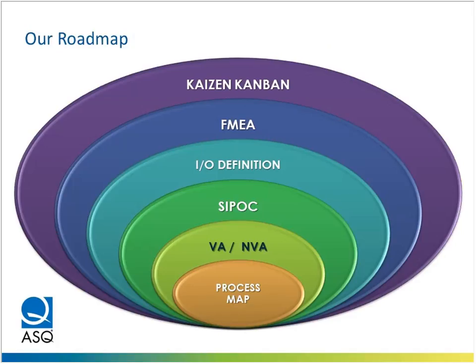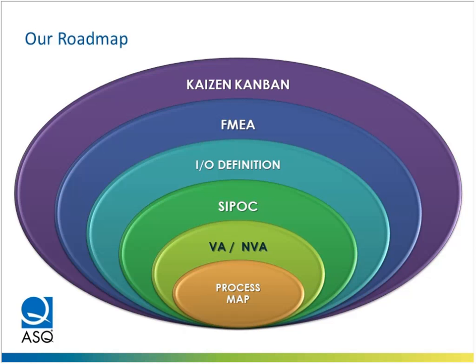Once we know that, we will be very well equipped to create an FMEA, where we'll do a failure mode and effect analysis, where we will look for each step how they could fail. This will allow us to identify a lot of opportunities for improvement. Once we have all those opportunities for improvement, then we can prioritize them and organize them in the Kaizen Kanban.